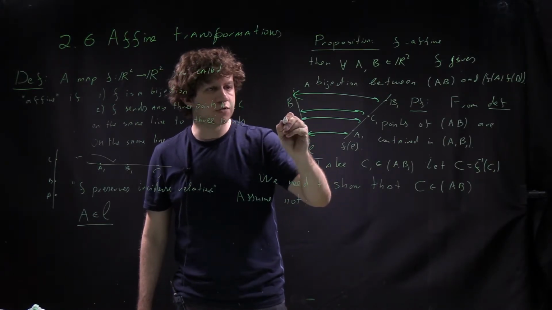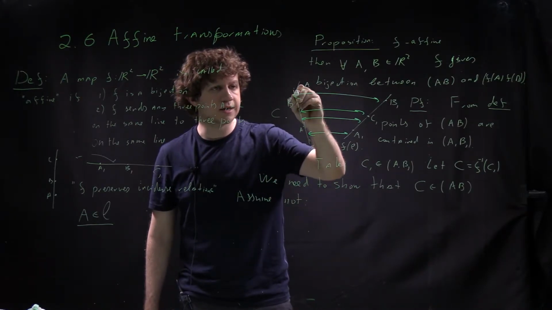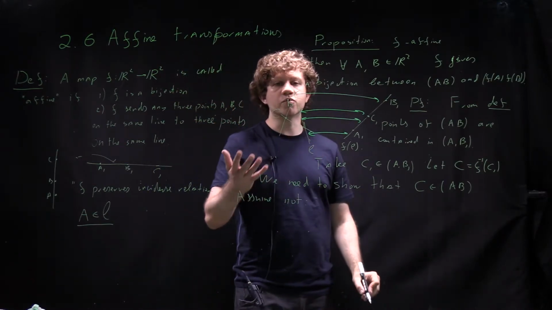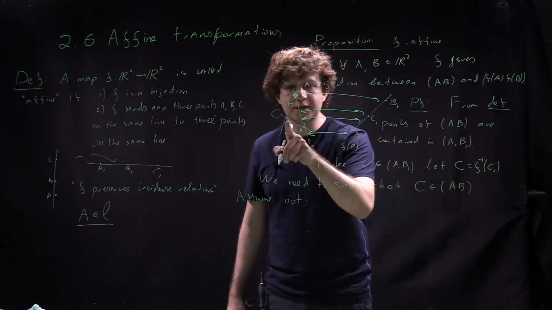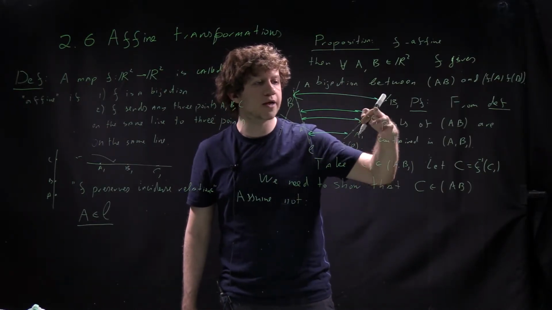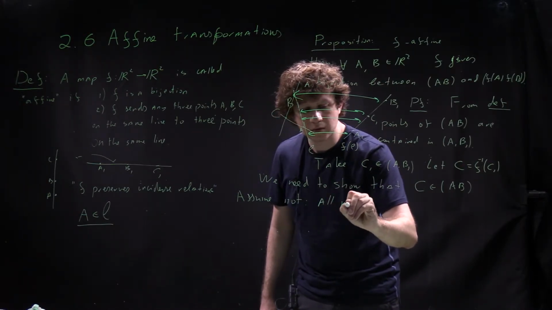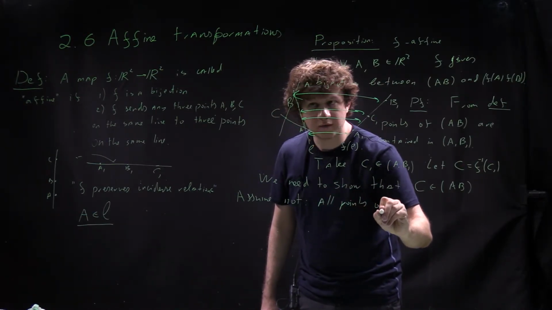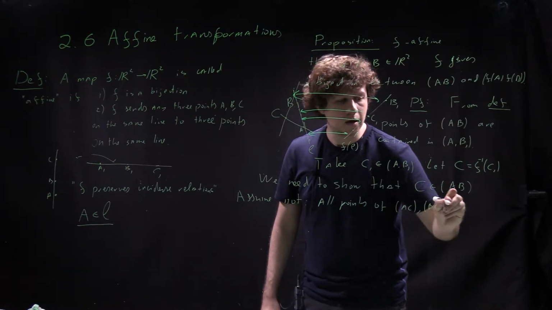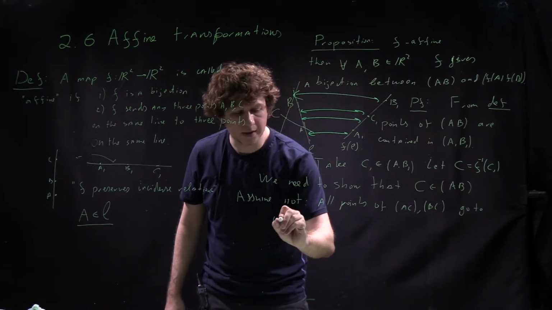Then we have a certain point C here, and we can look at lines BC and AC. By the same reason, since points on the same line as A and C go to points on the same line A1, C1, we know that all points of AC and BC go to the line A1B1.